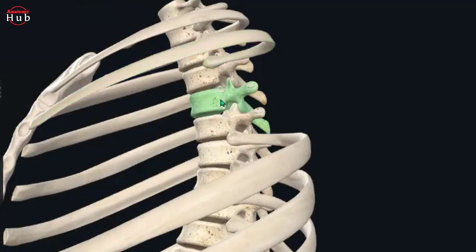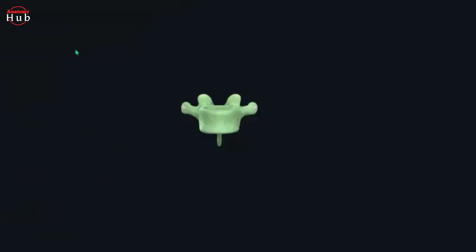So we'll isolate over here one bone, one of the thoracic vertebrae, okay, and we'll see how it looks, right? Okay, so here you can see this is your thoracic vertebra from the anterior view, okay. If you see it from the top, it looks like this.